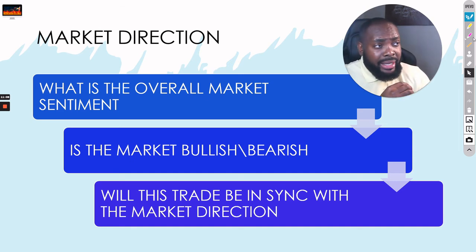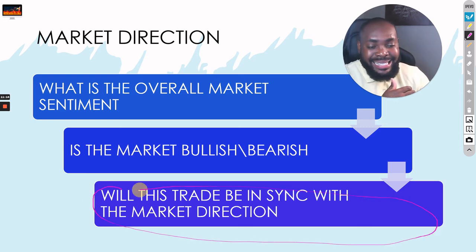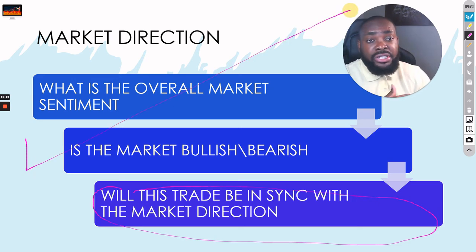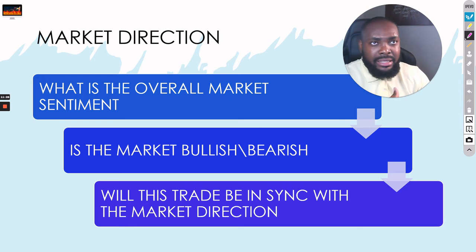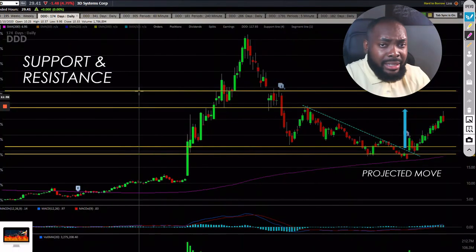When you execute that accurately, the trade will be in sync with the market direction, meaning the winds of the market will be at your back, and this will push the trade in the direction that you are anticipating, and it will work out a lot faster. Okay, so that's another component of the trade plan.